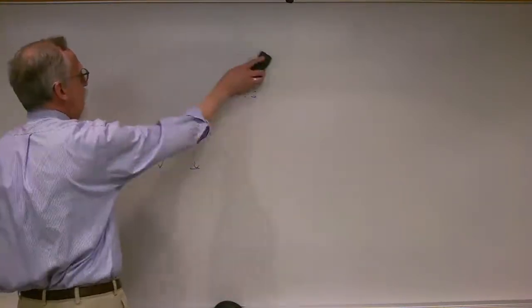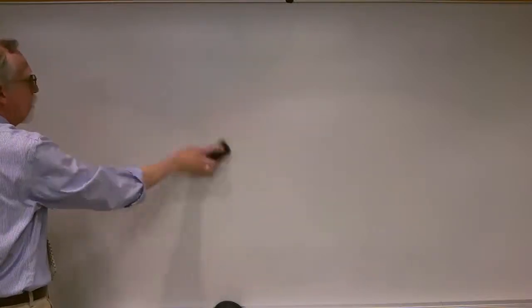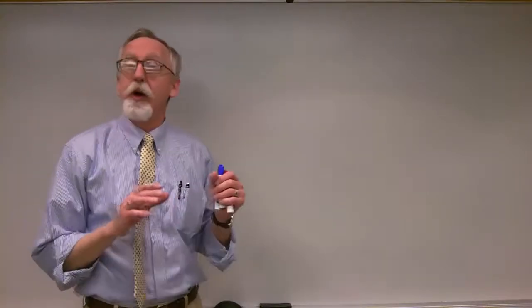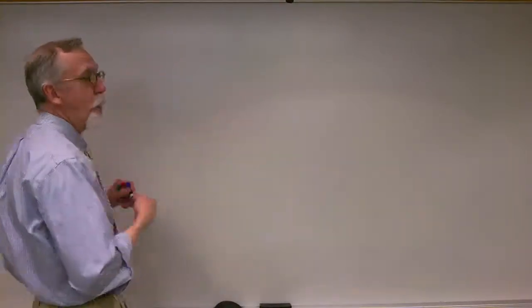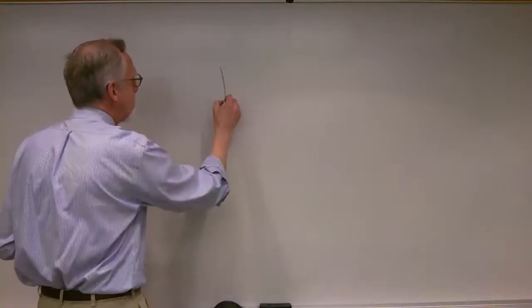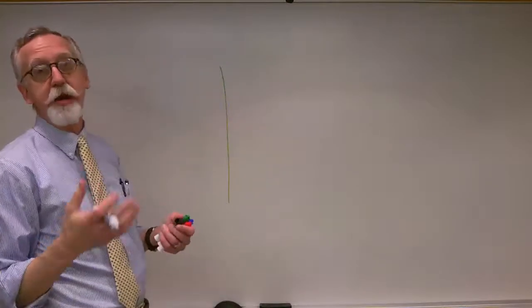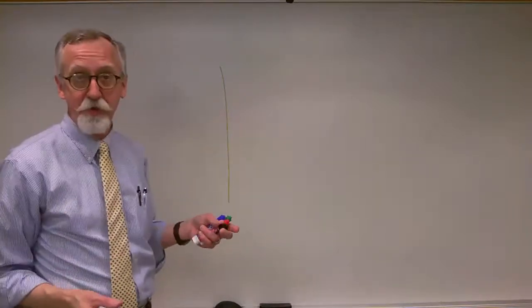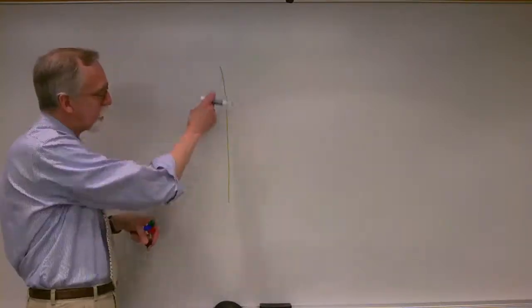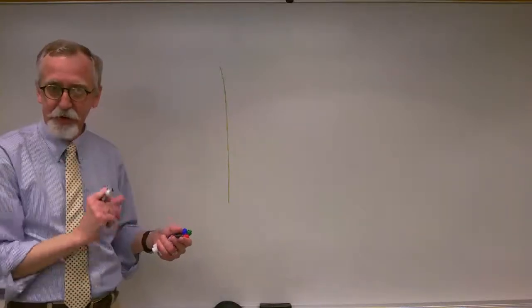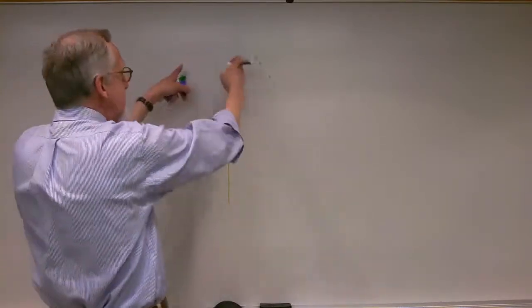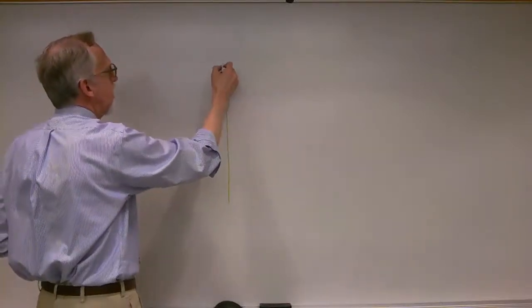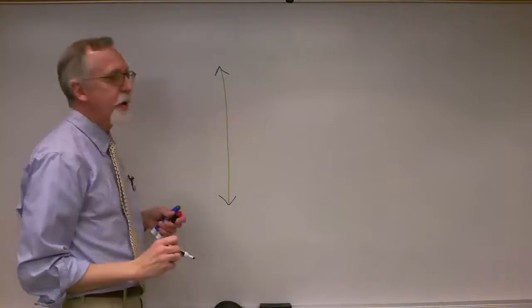Given these rays, we are going to do something just like we did before. We're going to do a ray tracing diagram. For a lens, we're going to draw a thin lens, again with a straight line, just like we did a straight line for the mirrors. Even though we know the mirrors are curved, concave or convex, we're going to draw the lens as a straight line, approximating this idea of a thin lens. But to indicate the overall shape of the lens, we'll put a little arrowhead at the top and the bottom.